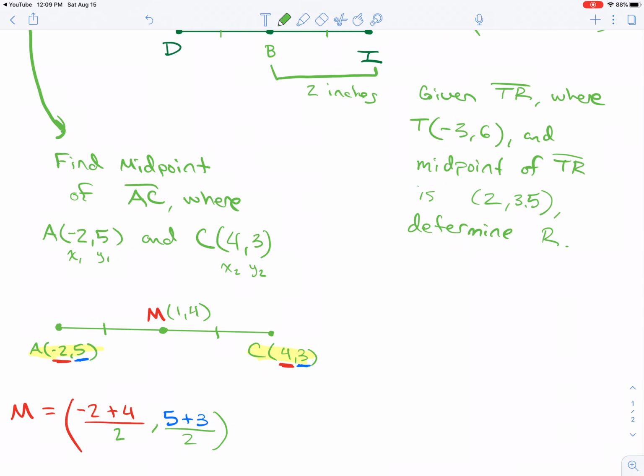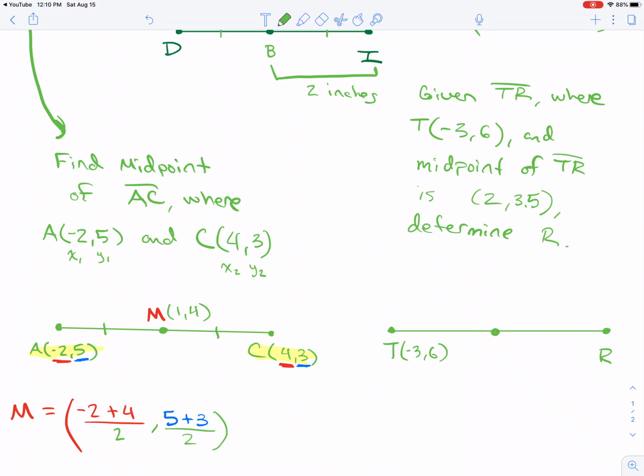So I kind of call this case 2. I think of it like inside out. So it's going to start very similar to case 1. So we're given segment TR, so those are the two endpoints. And we're given T is -3, 6. And instead of given R, we're actually given the midpoint.